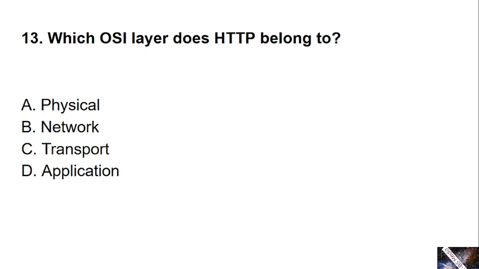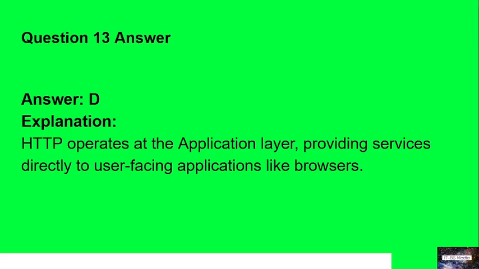If you understand what layer the users normally interact with, then you should be able to get the answer right. HTTP operates at the application layer, providing services directly to user-facing applications like browsers. Okay, so the answer is D.